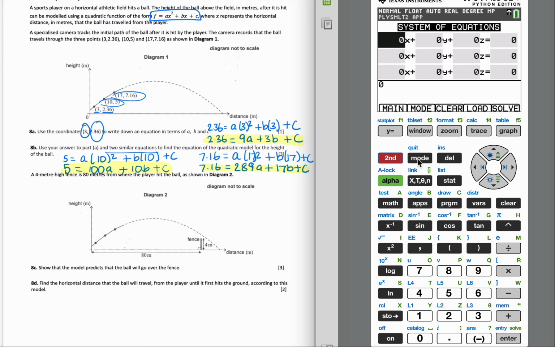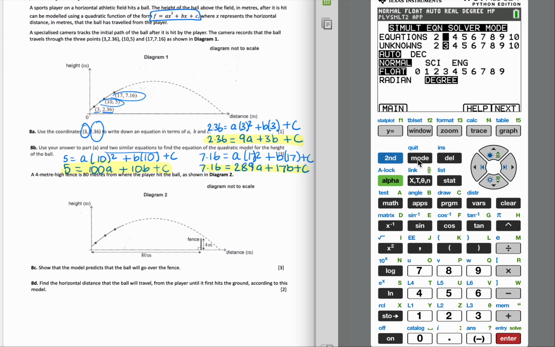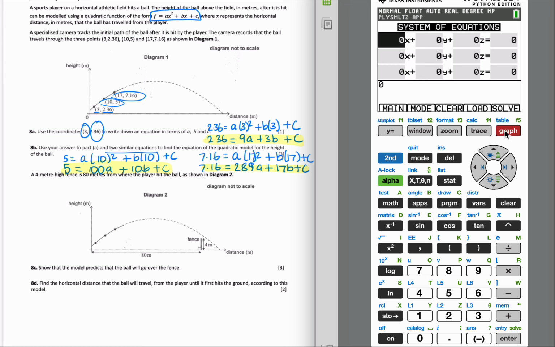Now, if you prefer, if we go through that again, yeah, that's fine. So we're going to type in the first one. You can see here we have 9a, 3b, and 1c. So we're going to do 9a, 3b, and 1c, and that is all equal to 2.36.